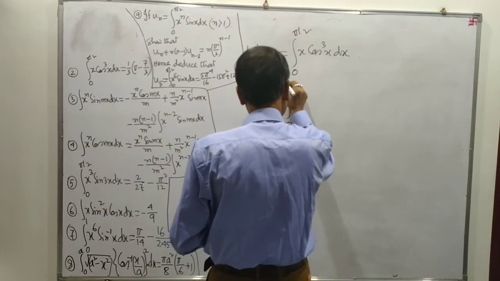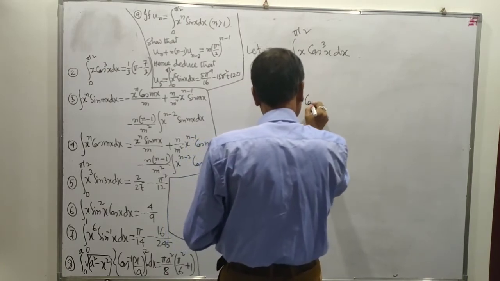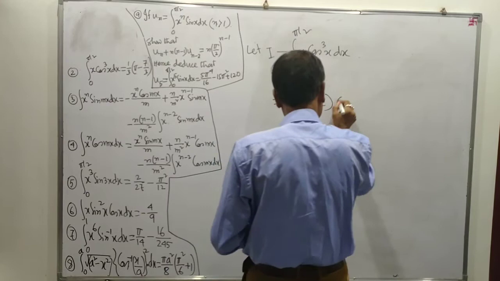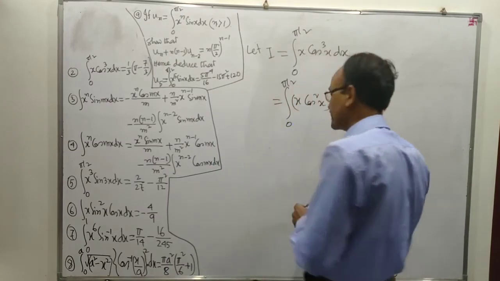This is equal to the integral from 0 to pi by 2 of x cos square x into cos x dx. You may write like this.